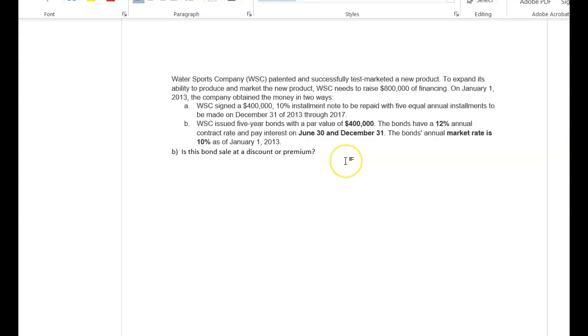And remember, we had talked about this. If the company is willing to pay more in interest than the market, investors are willing to buy the bond at a higher price. Therefore, the bond will be sold at a premium.